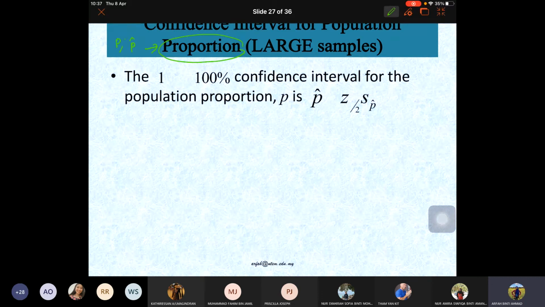Okay, so remember, there are two parameters that you learn along through this subject, that is the mean, x bar, and also the proportion. The rest, the standard deviation, is just the complement for all these parameters. So for the proportion, take a look at this one. Okay, how to get the formula?